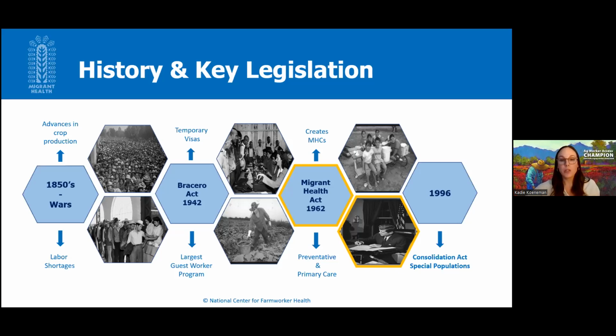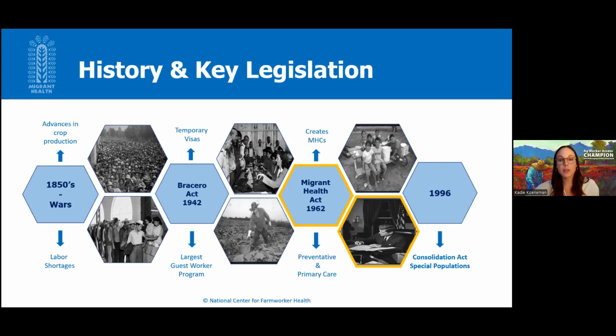Then again, when the US entered World War II, commercial farmers faced a high demand for their products without sufficient labor. And the US called on Mexico once again to fill this labor void through the establishment of the Bracero Act, which was the largest guest worker program to date.